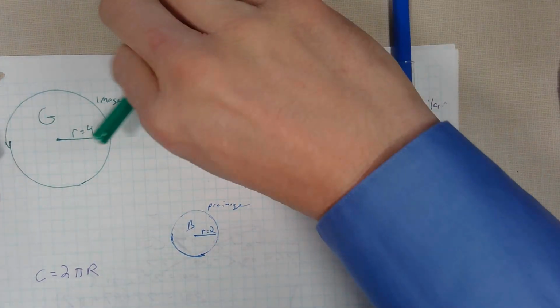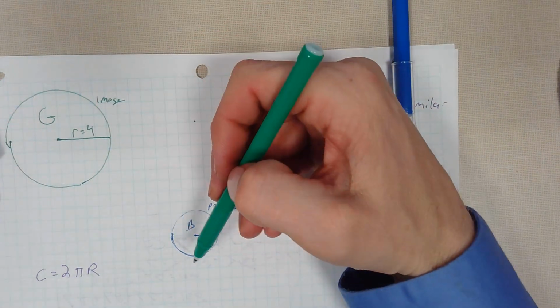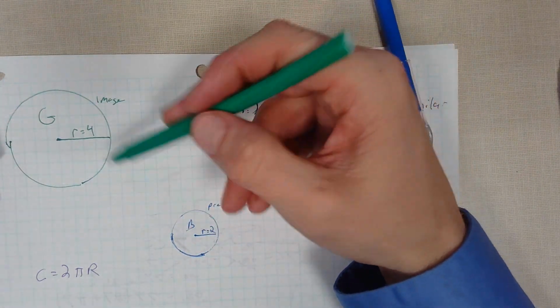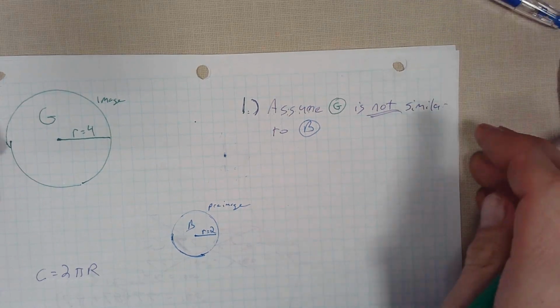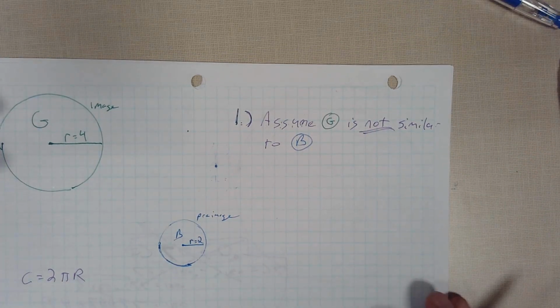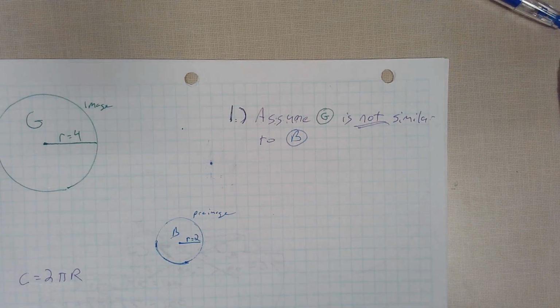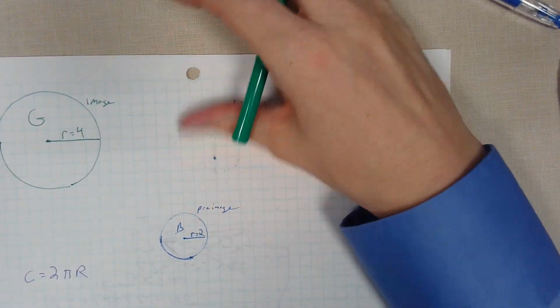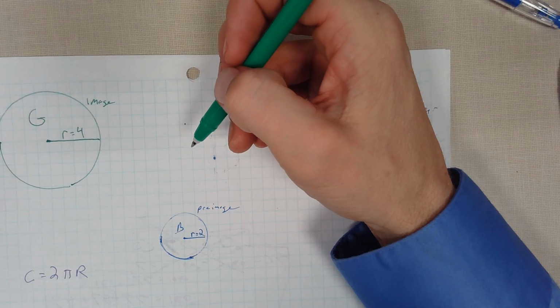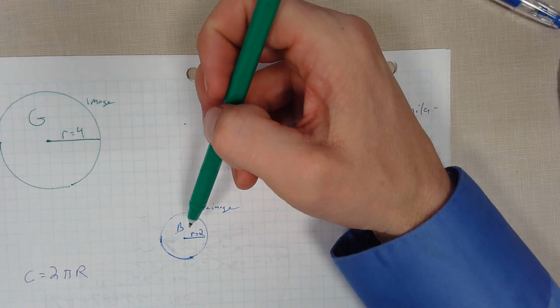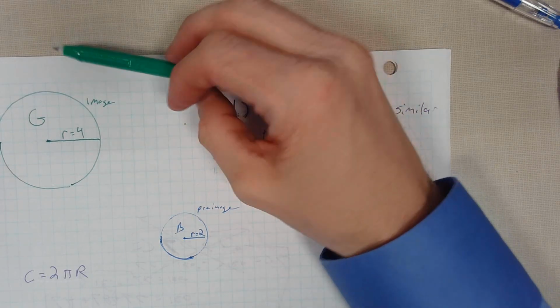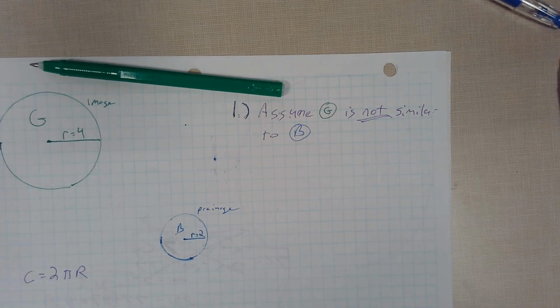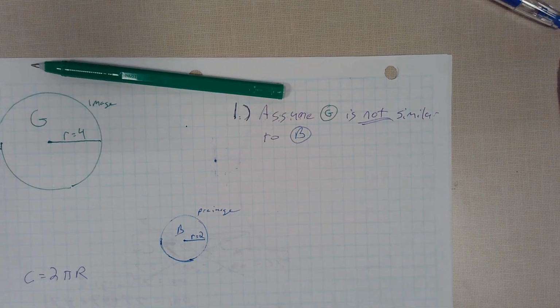Okay, so this was dilated to this, and we'll see if they're similar or not using that, right? So if they were similar, then the ratio of the diameter to the circle would be the same.